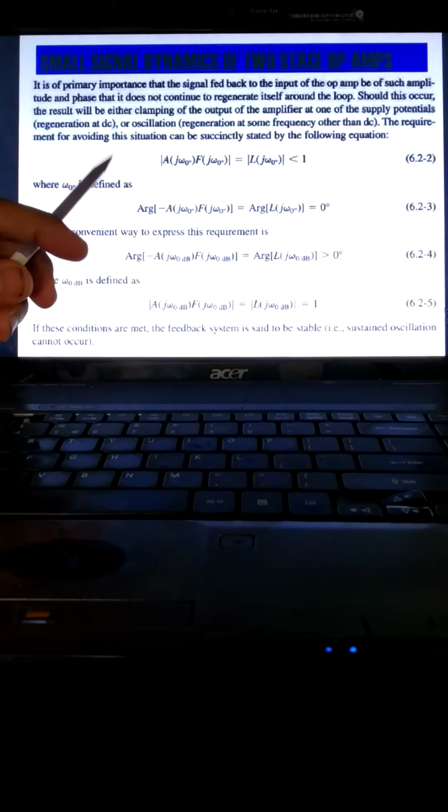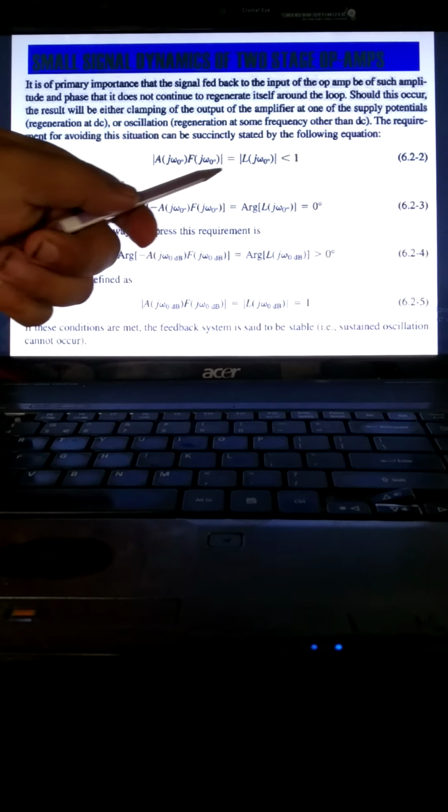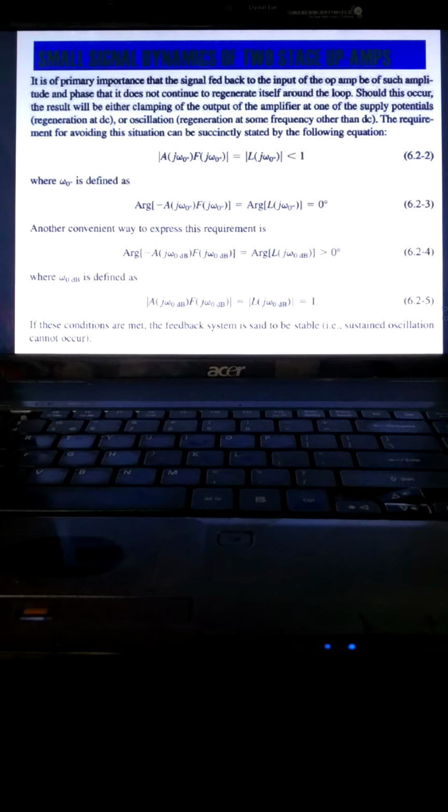So that's why we do not consider anything negative here. We consider the mod of A times F, that is L(j omega), which is less than 1. If this condition is satisfied, then it does not continue to regenerate itself around the loop.